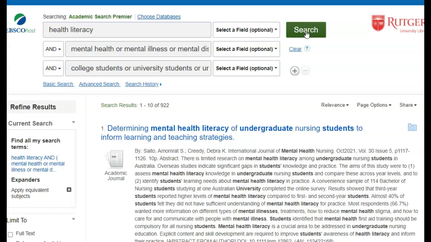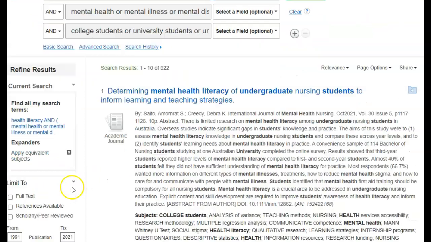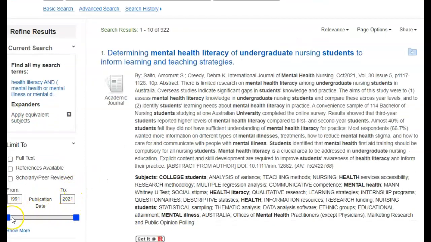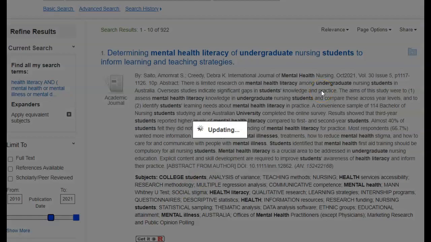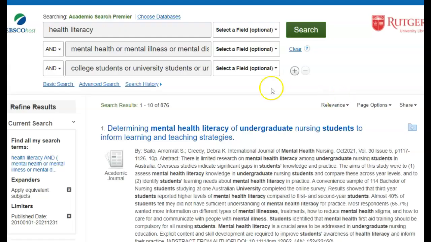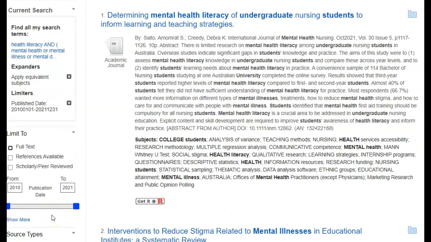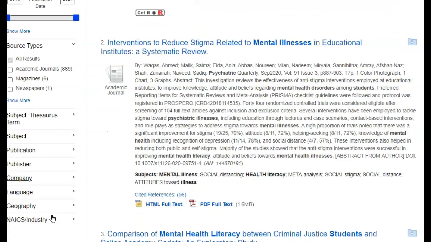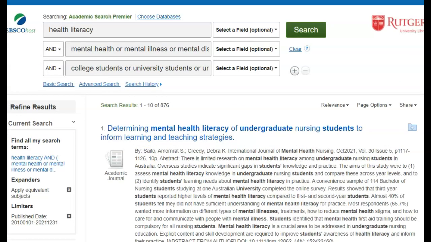Okay, so that's certainly a lot easier to work with. It's still too many, but I can narrow it down to articles published in the past 10 years. I can narrow down by type of article, and further, to be able to get to what it is that I need.